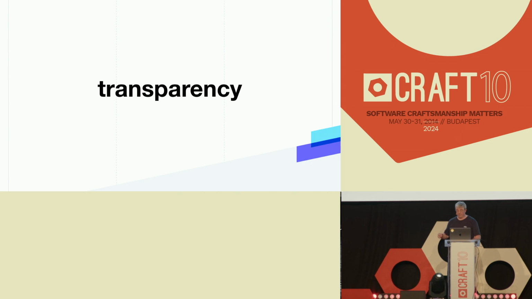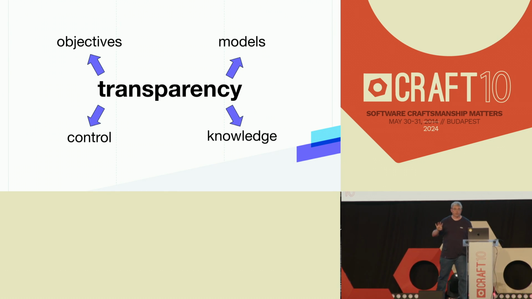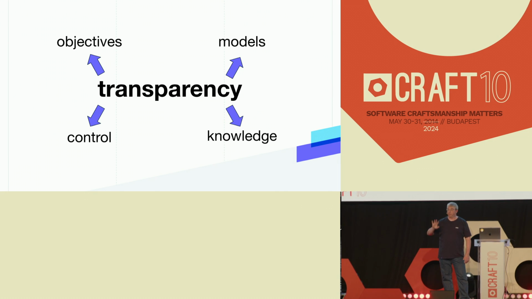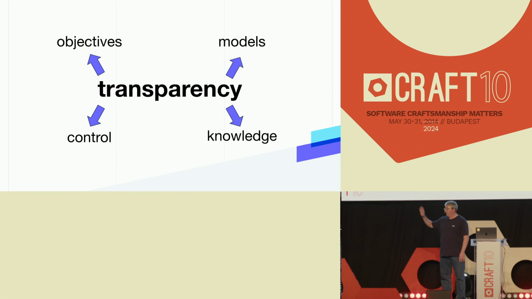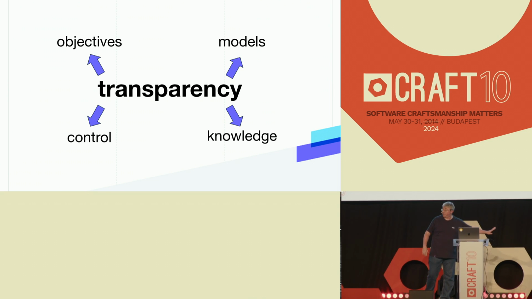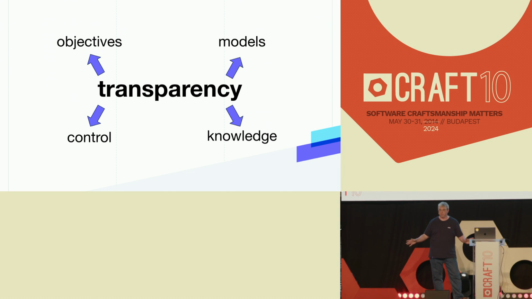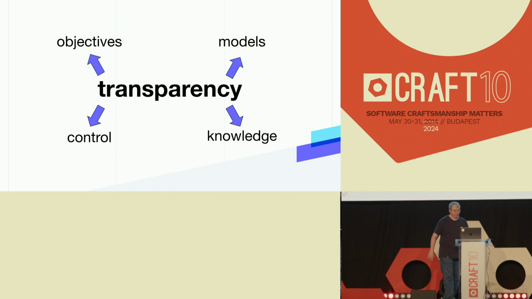The paper really says there are four things that you want to be transparent in order to build a really fault-tolerant system. The first one is transparent objectives, then transparent models, transparent knowledge, which is knowledge about the state of the system, and then transparent control. We're going to talk about what all these things mean, and then give some examples for them.